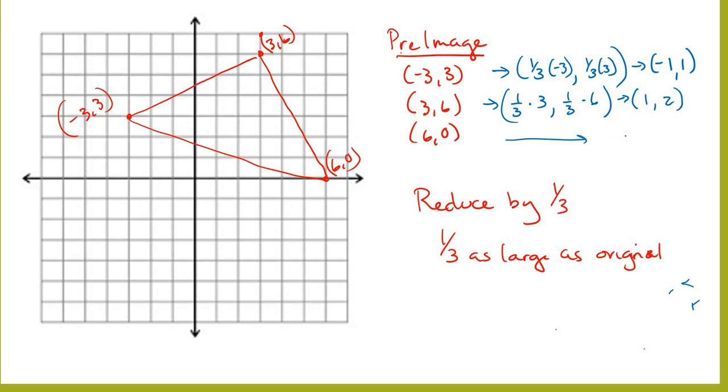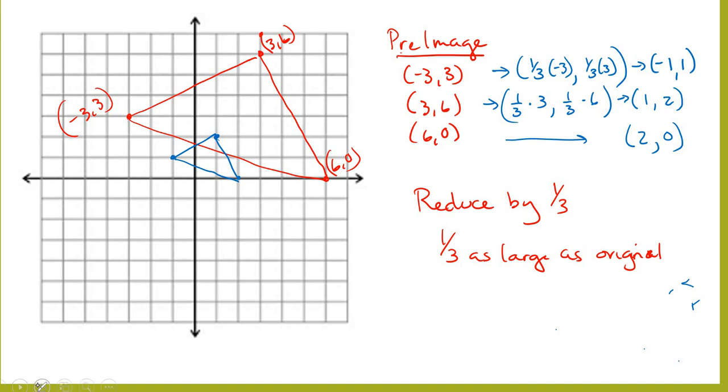For my last one, let's see if we can do it without writing the in-between steps. 6 times 1/3, or 1/3 of 6, is 2. 0 times anything is 0. So let's look at our image. -1, 1, 1, 2, and 2, 0. So it has been shrunk. It is 1/3 the size, and if you notice, it shrinks closer to the origin.